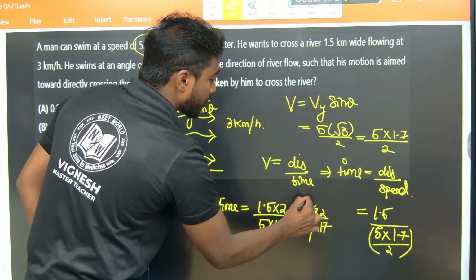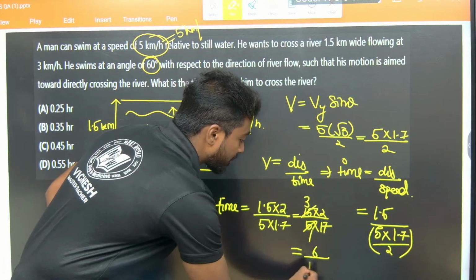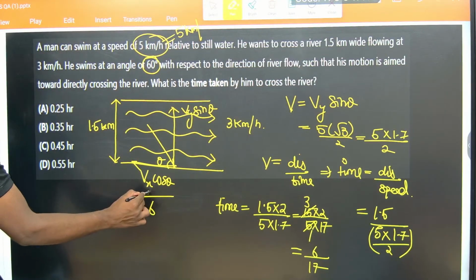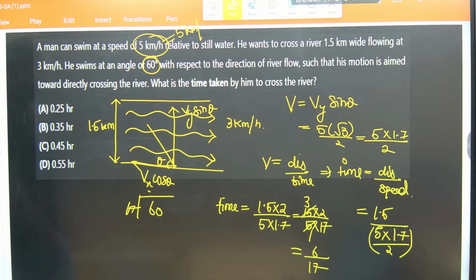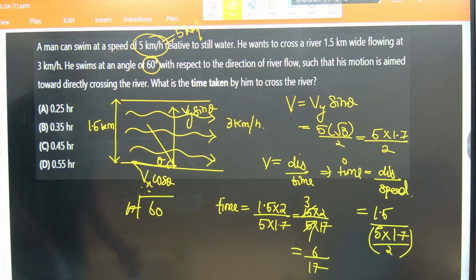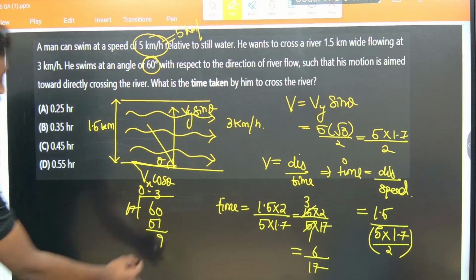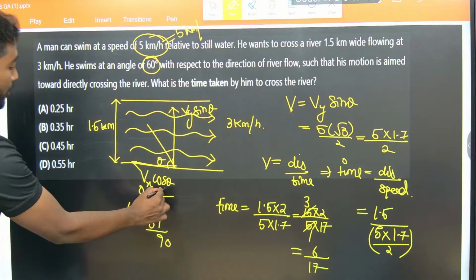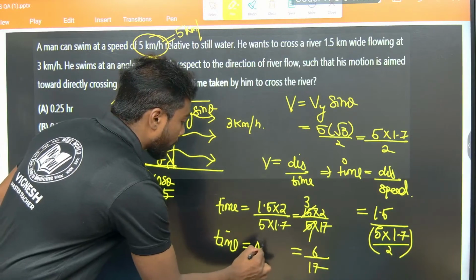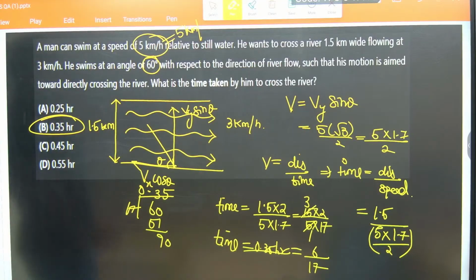So 5 threes are 15, and 3 twos are 6, so 6 by 17, which is 0.35 something. So the time will be approximately 0.35 hour. Option B is the correct answer.